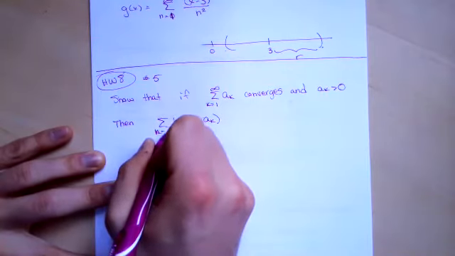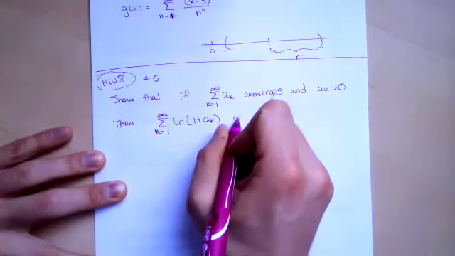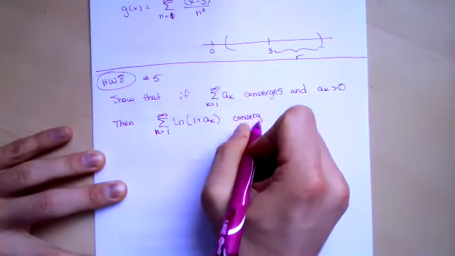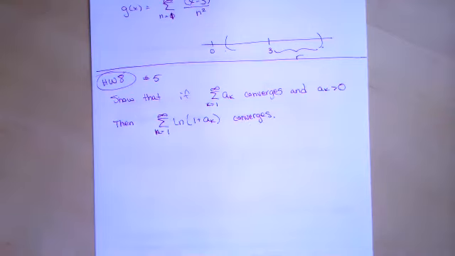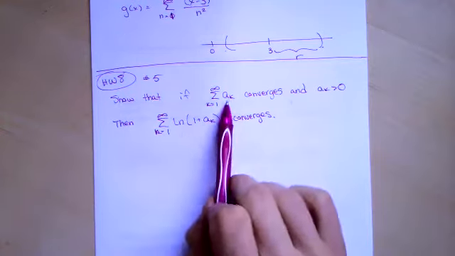Sorry, k equals 1 to infinity. The conclusion of this one is actually pretty easy. It's just kind of getting there. It's like, well, what do I do? How do I compare these two things?